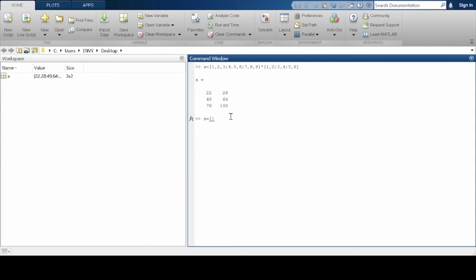I'll take the individual matrices. For your understanding, I'm breaking it into chunks and showing that the rule still applies.